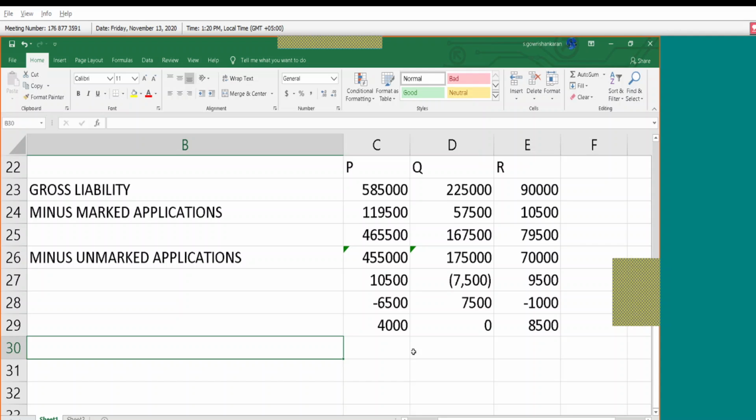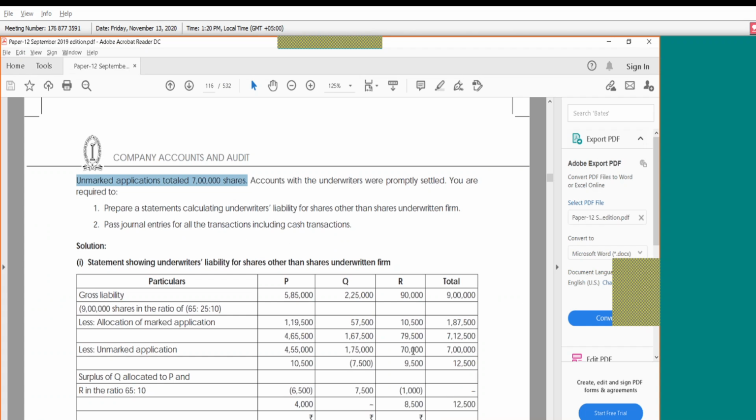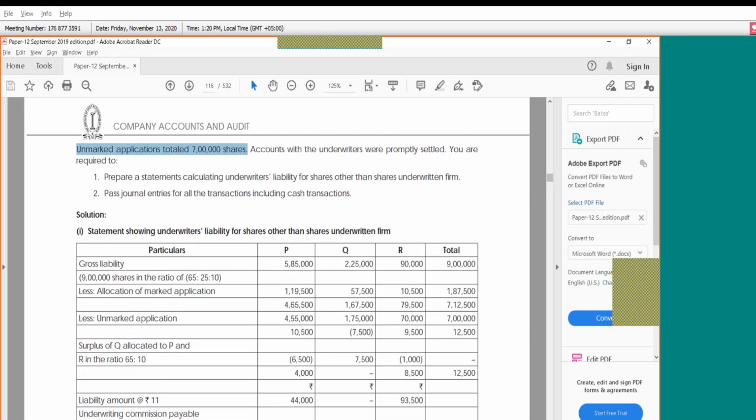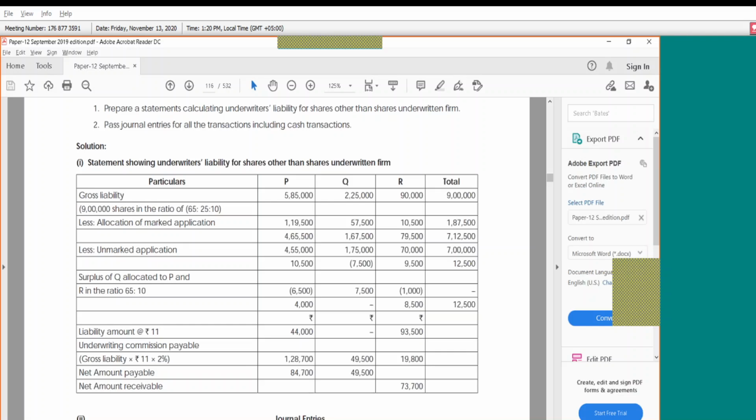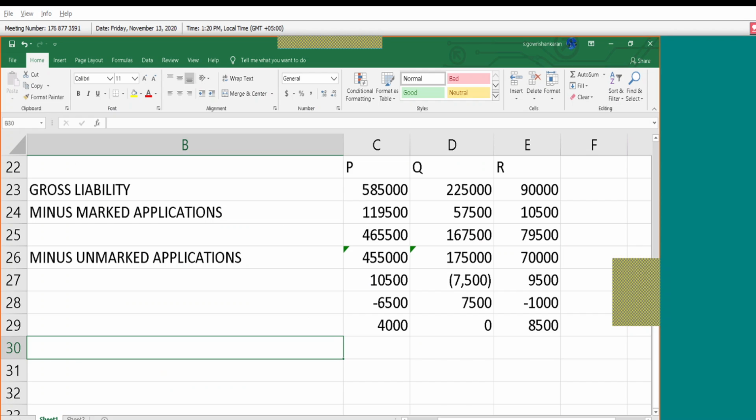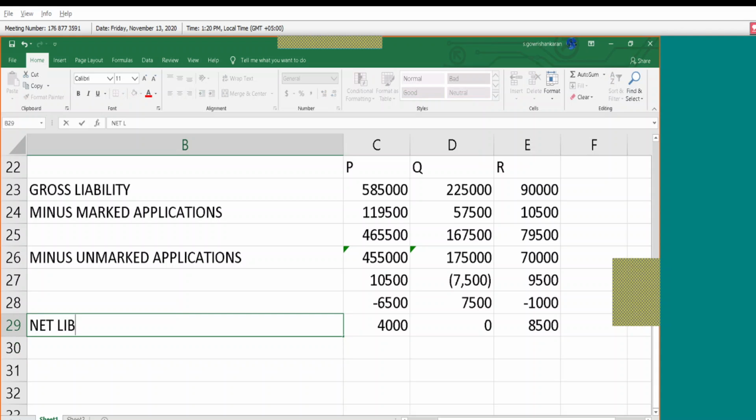Now you have to add the firm underwriting. If you want, you can add it, or else you can directly pass an entry, because firm underwriting is included in the unmarked application. So net liability is this much only in this problem. Why is firm underwriting not included?